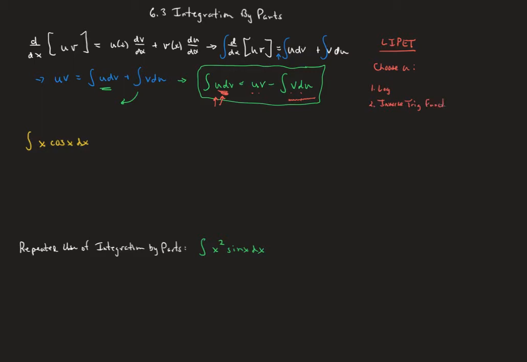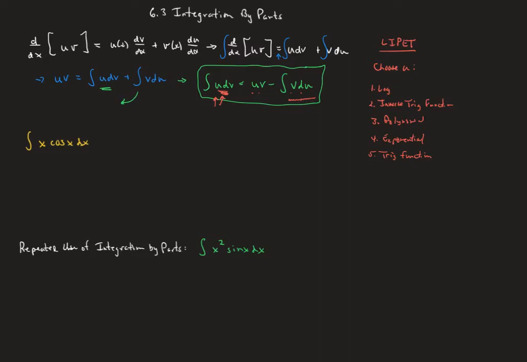The third choice is any polynomial. So those are all good choices for u. Then it gets to be less desirable, but if we haven't encountered any of the first three and there's an exponential, it's okay to call that u. And our last choice is a trig function. We can do it that way, but it's not always a great choice.